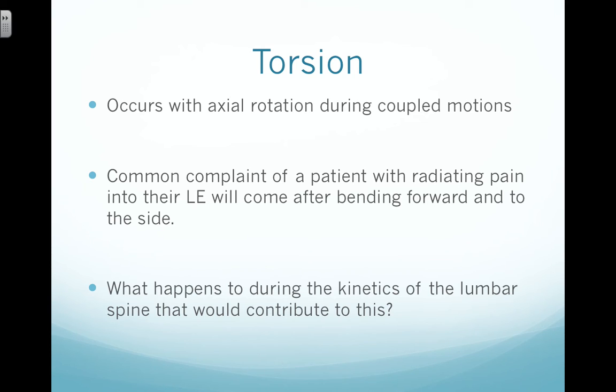So I want you guys to process through: if I bend forward and to the side, what's happening at the nucleus pulposus? What's happening to the annulus fibrosus? Are we getting compression on that concavity side, and are we getting tension into the convexity side? And then really, what's happening at that disc? Why are we not able to handle that?